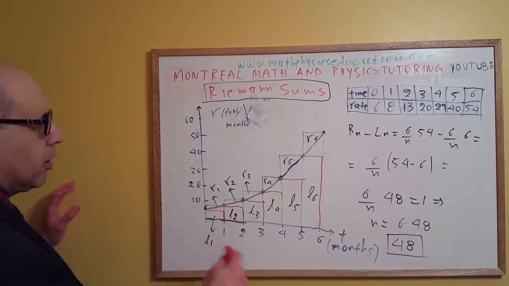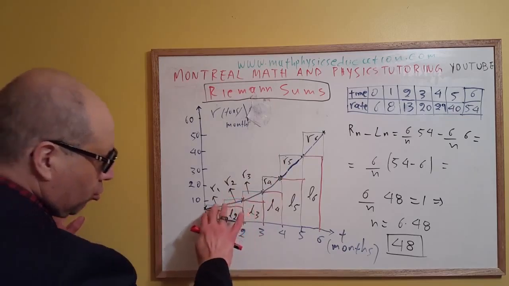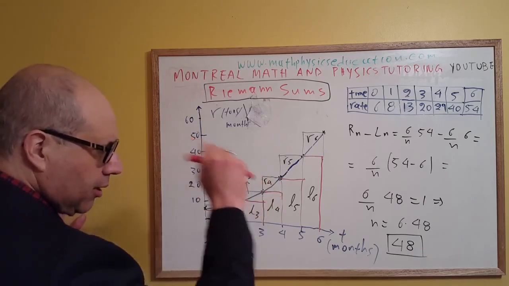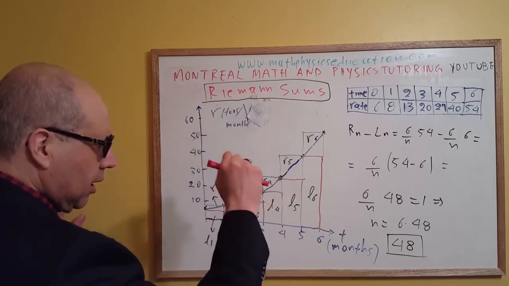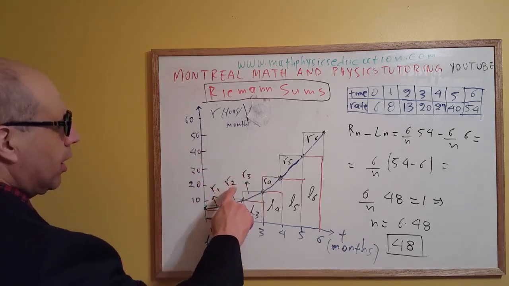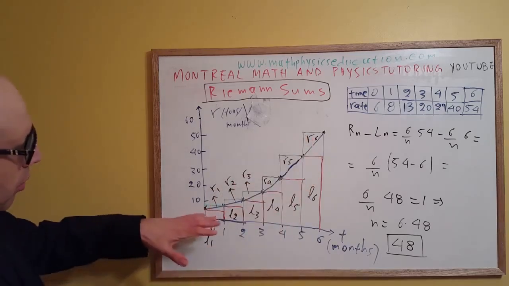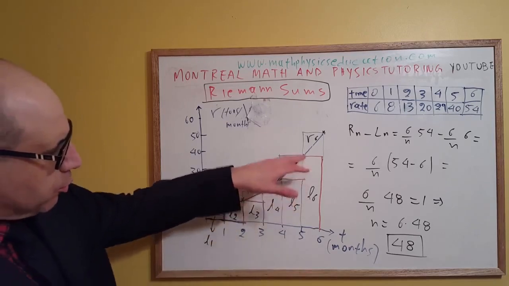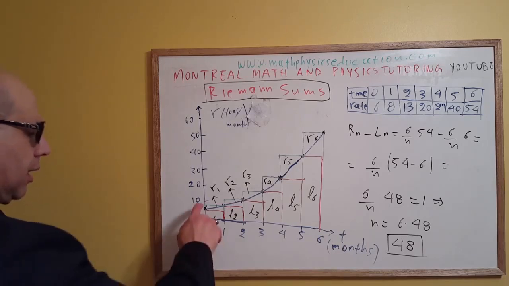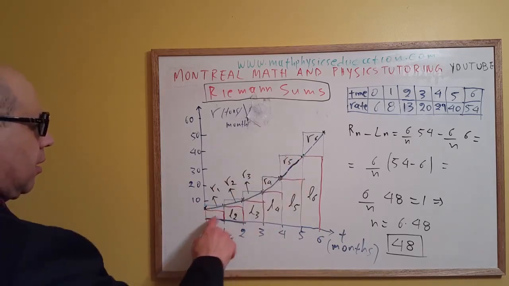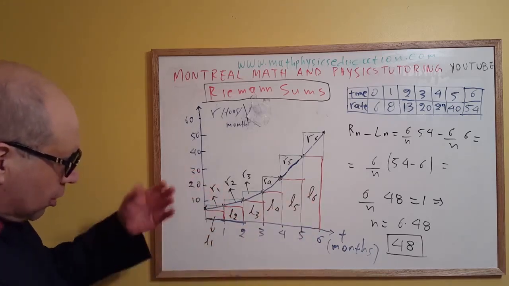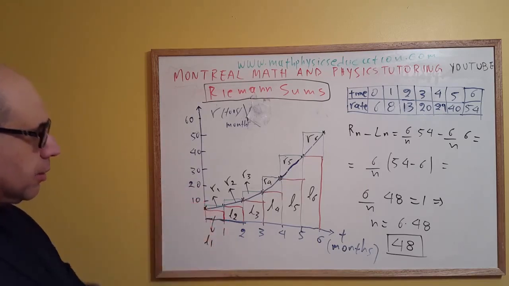Just to show you, I take R6 and L6. The R1, R2, R3, R4, R5, R6 are the green rectangles we were talking about before, and the L1, L2, L3, L4, L5, L6 are the red ones, which are the ones for the underestimate.